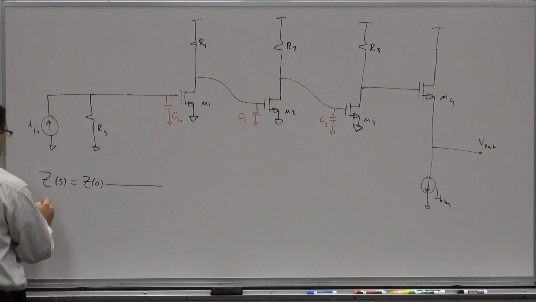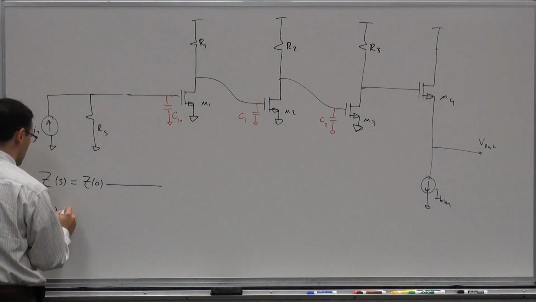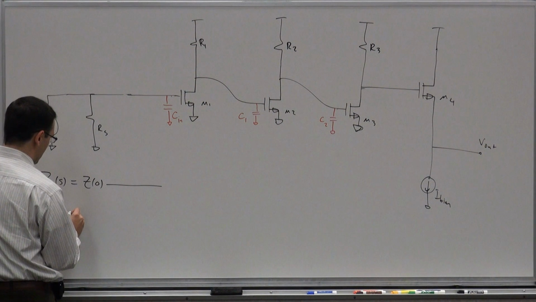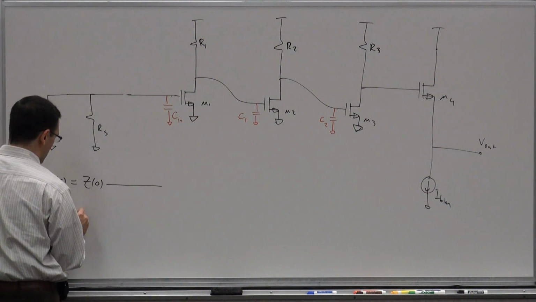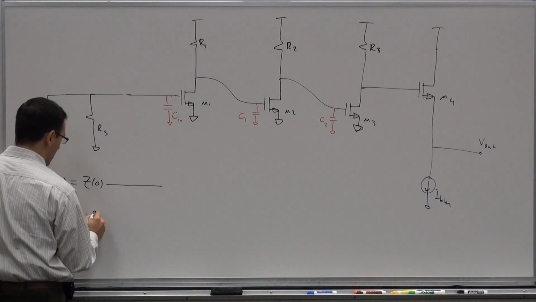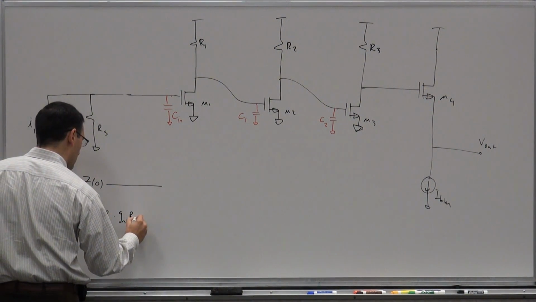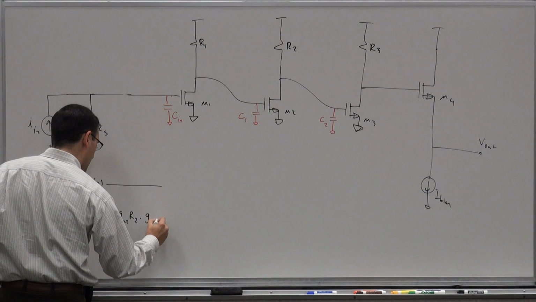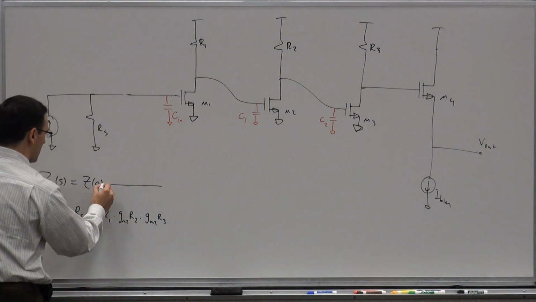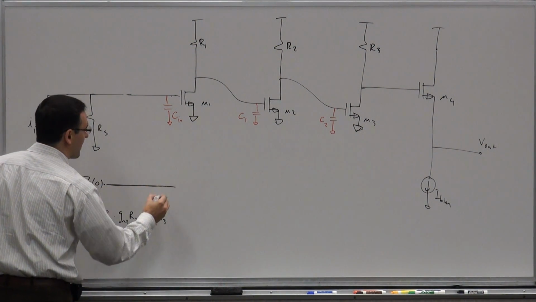And Z of 0 here, we just determined, there are 3 minus signs, so there's one left: minus Rs times GM1R1, GM2R2, GM3R3. So the question is, how many poles, how many zeros?